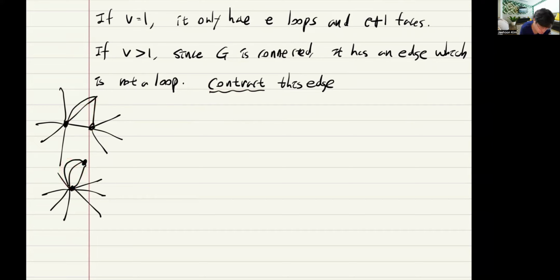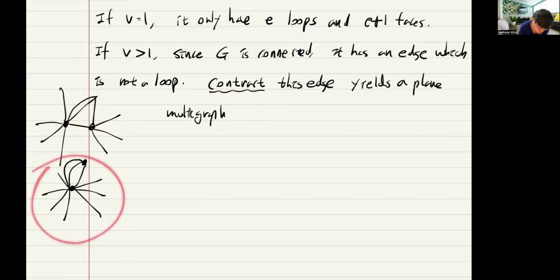So we can consider such a contraction, and it yields another plane multigraph. We can shrink it continuously so that the other edges also move continuously, and while doing that, we don't introduce any new crossing. The resulting graph is a plane multigraph.